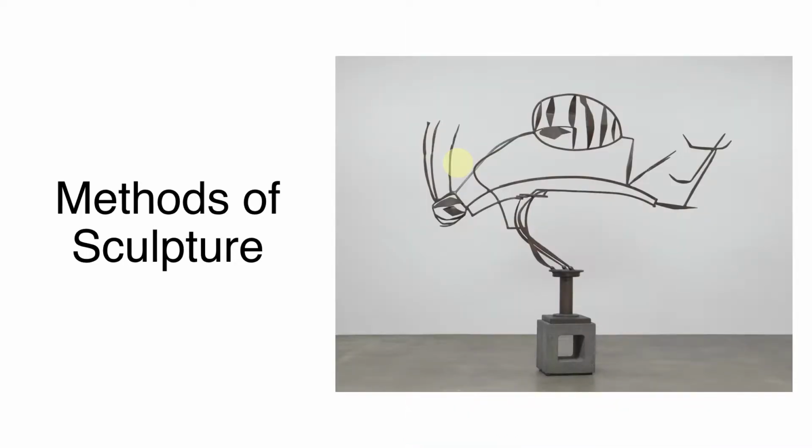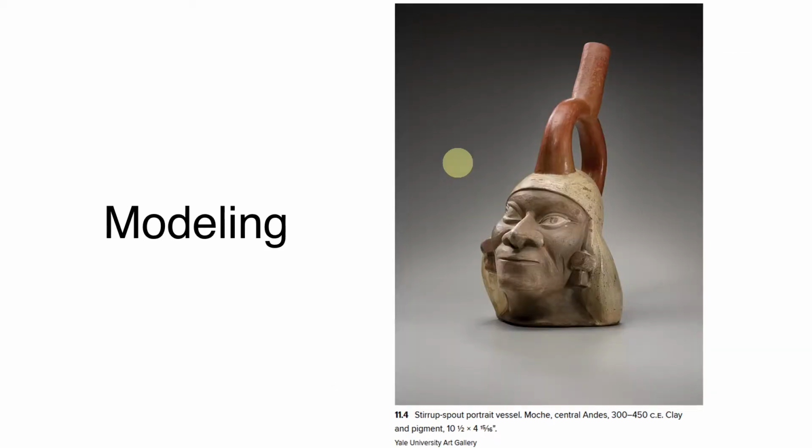This is a beautiful work by David Smith, whom we are going to take a look at in a minute. So the first method is modeling. In this work, clay has been used. How modeling works is that you literally use clay to add on to the surface to create a form. When we think about sculpture, we think about a rock and chiseling, a stone master chiseling out a little bit to create a sculpture.